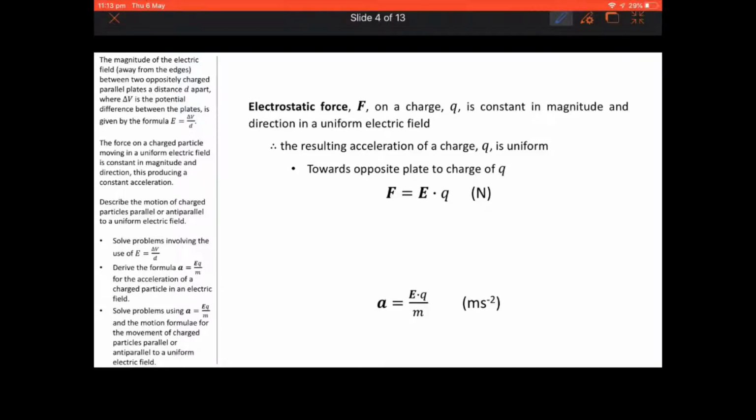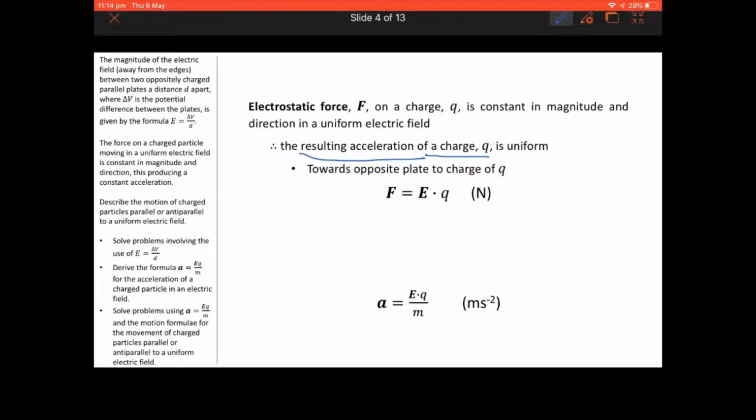This means that the resulting acceleration of a charge Q is going to be uniform as well, and it's going to be towards the opposite plate to the charge of Q. So if Q is positively charged, it will accelerate towards the negatively charged plate, and the electrostatic force will be in the direction of the negatively charged plate. If Q is negatively charged, it's going to want to move towards the positively charged plate.